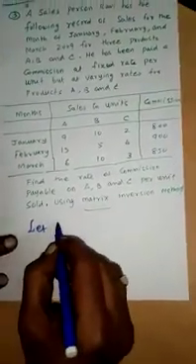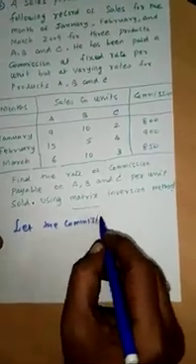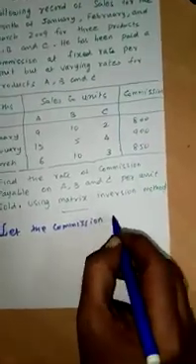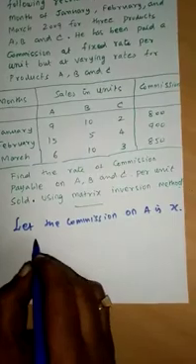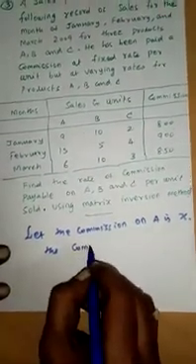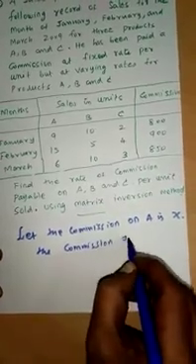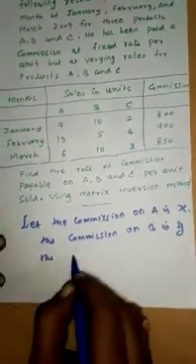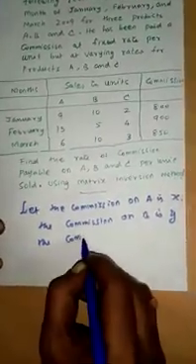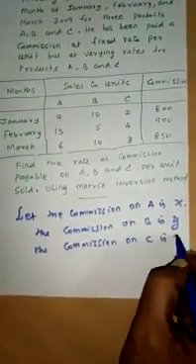The commission on A is rupees x and the commission on B is rupees y. The commission on C is rupees z.